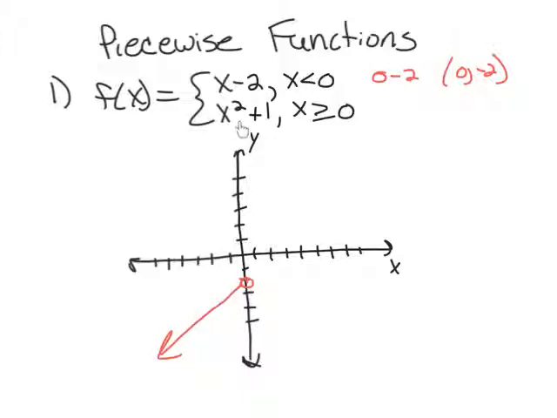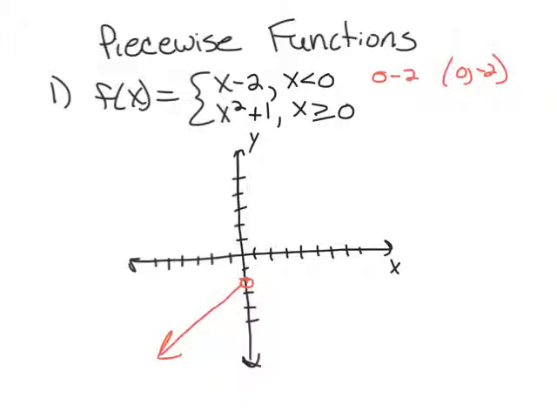Now for the right-hand side, we are going to graph the x squared function with a translation of 1 up. So if you think about your x squared function, its vertex is originally at the origin. Now I want to be 1 unit up from the origin, and there I'm going to graph my parent function. The transition point is when x is 0.